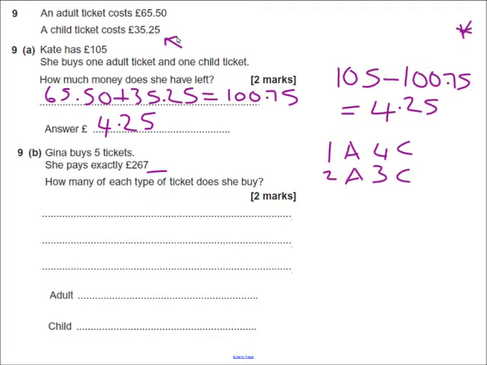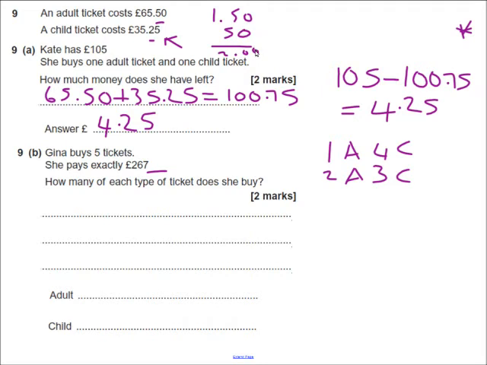Now, if you go for the 2 children tickets, then it leaves 3 adult tickets, and then 2 lots of 25 pence would be 50 pence, and 3 lots of adult tickets would be £1.50 if we were just looking at the pence. And that's a nice 200.